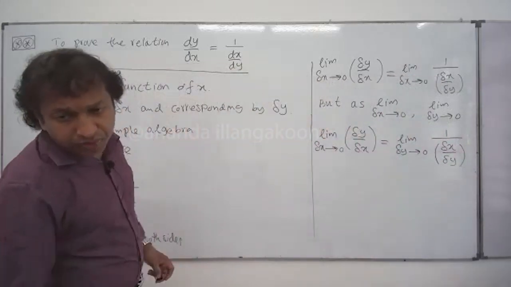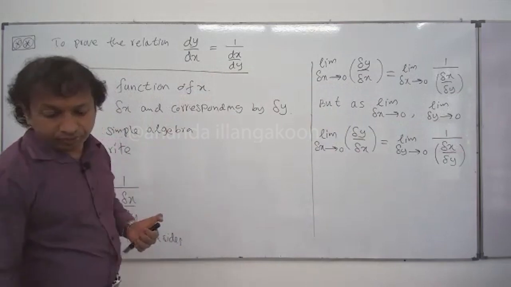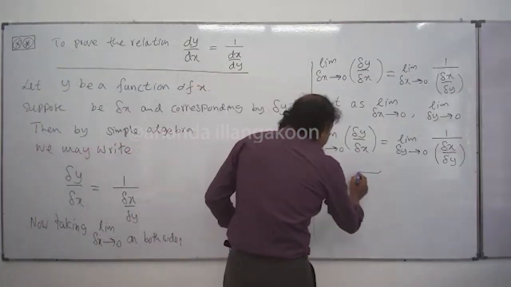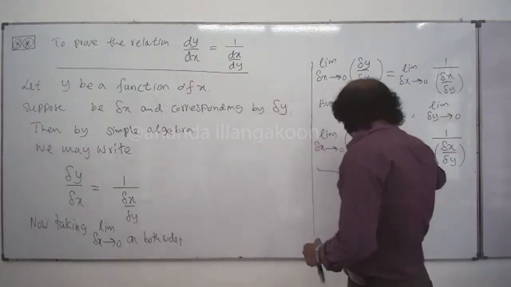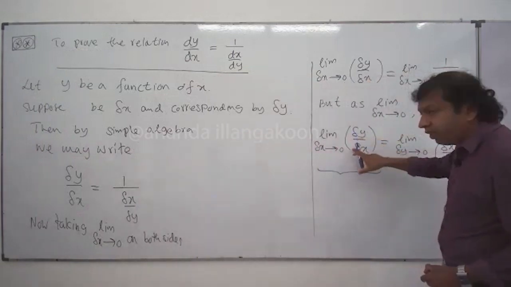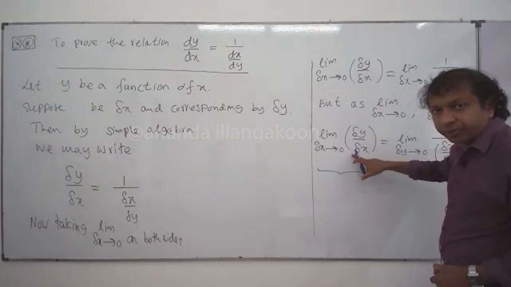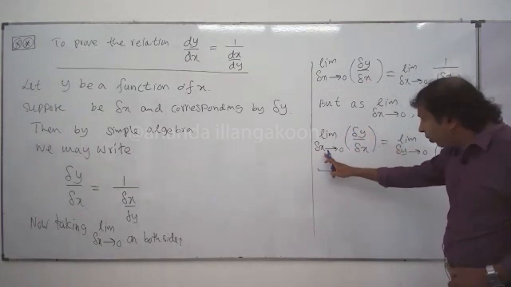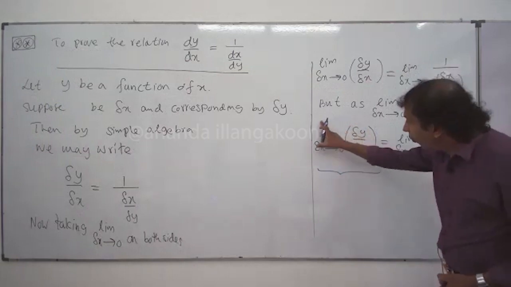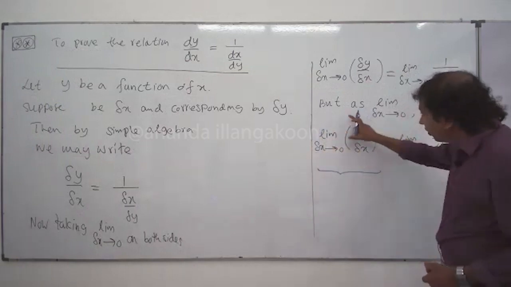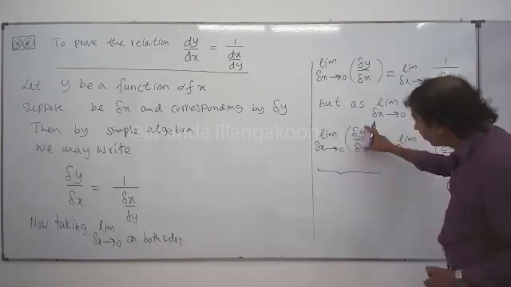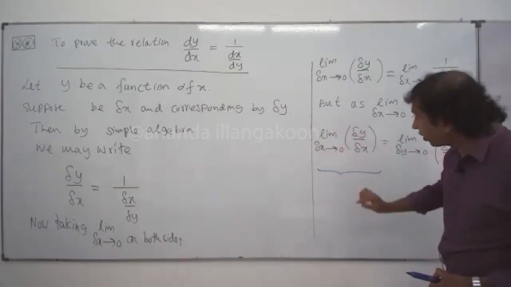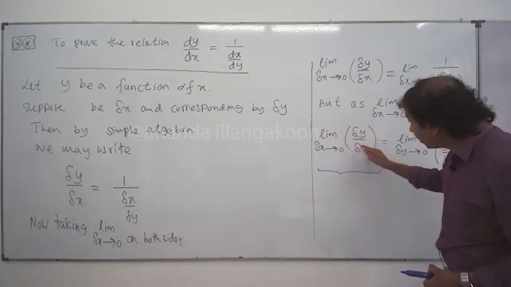People, now the notation we assigned for this. See here, delta y by delta x: numerator y, denominator x, and the denominator delta x only is going to 0. For this whole thing, limit delta x going to 0 of delta y by delta x, we give the notation dy by dx, with the delta letters changed into d.